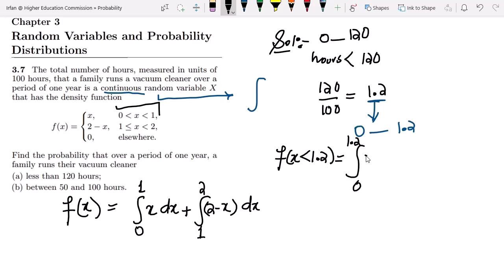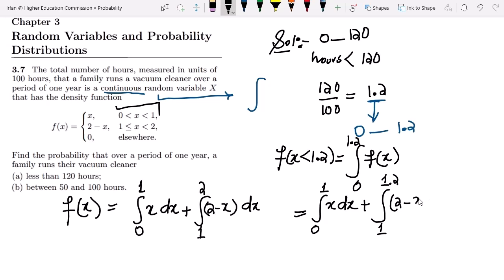Expanding it, I have to write 0 to 1 x dx plus similarly from 1 to 1.2, because now I am not going beyond 1.2, and here it will be 2 minus x dx.